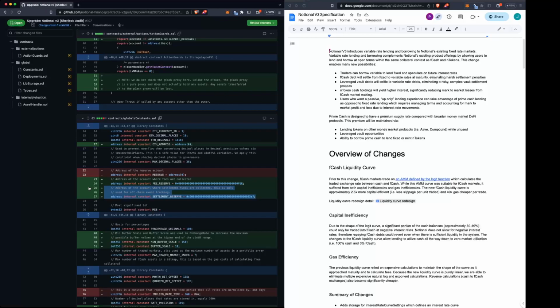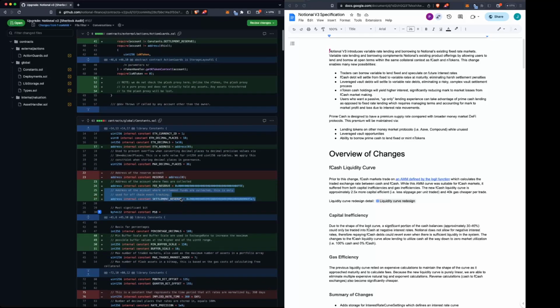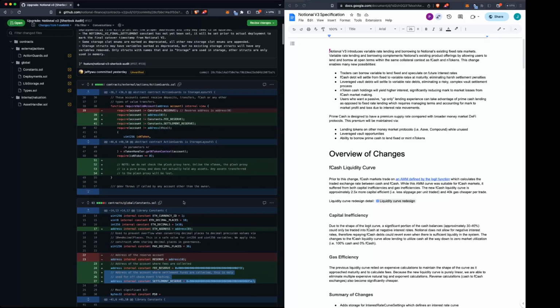Again, these are not functional addresses within the system. They're mainly used for off-chain tracking. And it should be noted that wherever this require valid account is used for external actions, these two addresses cannot be supplied.